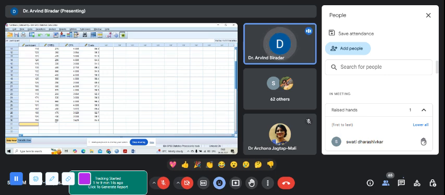Suppose GRE score is given, then GPA is 3. What would be the grade?